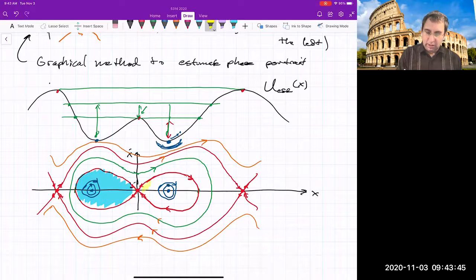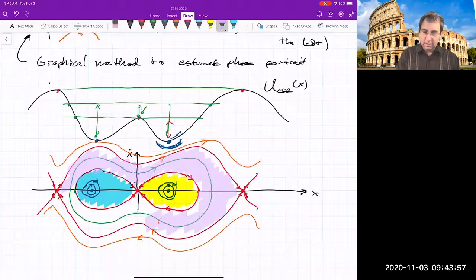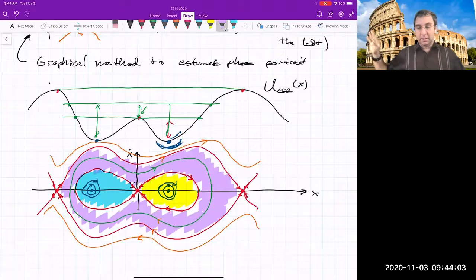And then in yellow, we have things that are oscillating only in the right well. In purple, we've got trajectories that would have motion that's oscillating about both wells. And then outside of that, maybe they're not oscillating. Maybe they're going off to infinity, plus infinity, and so on. Okay.